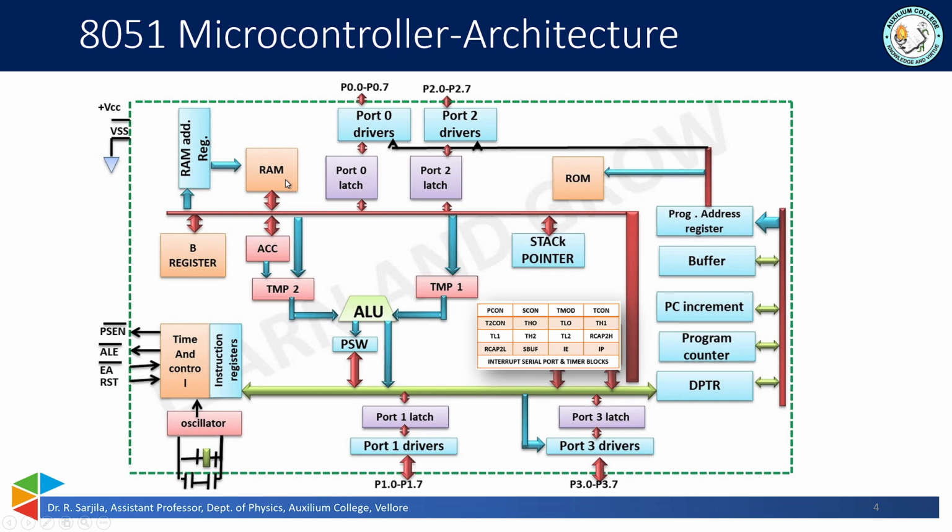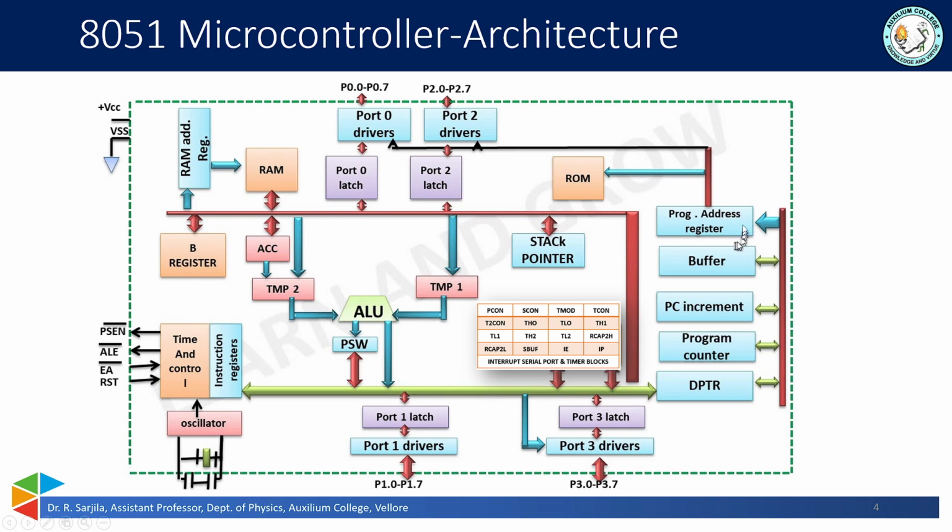Then we have registers like A register, B register, temporary registers are also there. ALU is there, that is arithmetic logic unit. Program status word PSW is there. Stack pointer SP is there and some special function registers are there. Also we have the data pointer, program counter, buffer, and program address register.